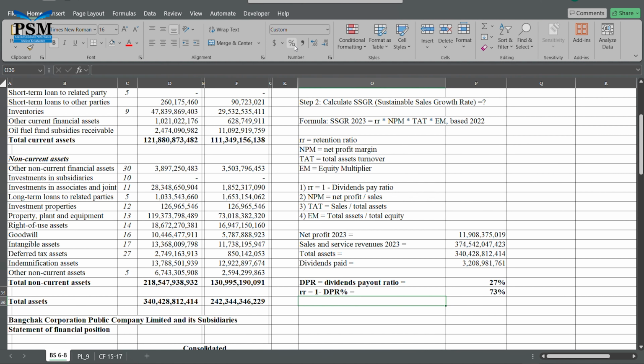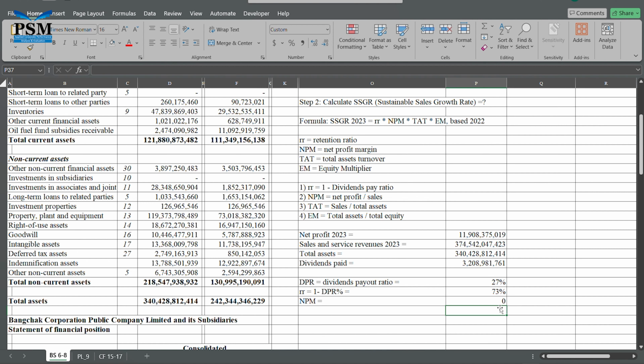Now we calculate the next variable. We already have one variable. We go for the net profit margin. Net profit margin equals net profit divided by the sales amount.